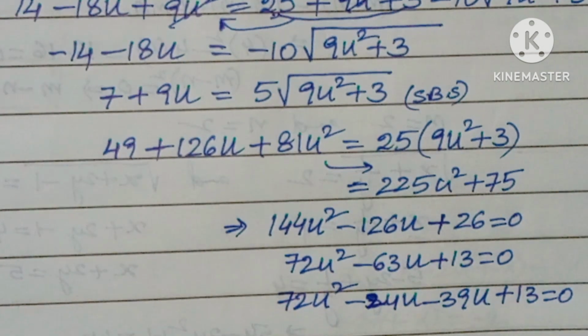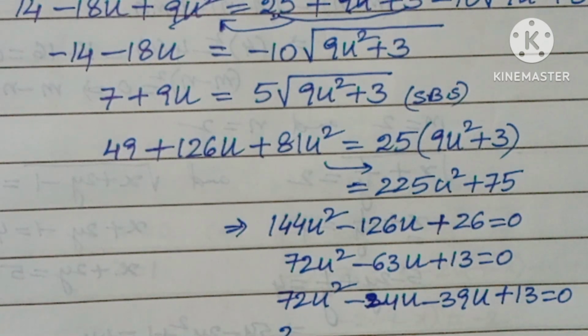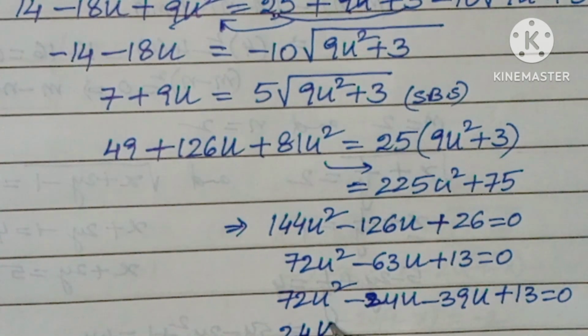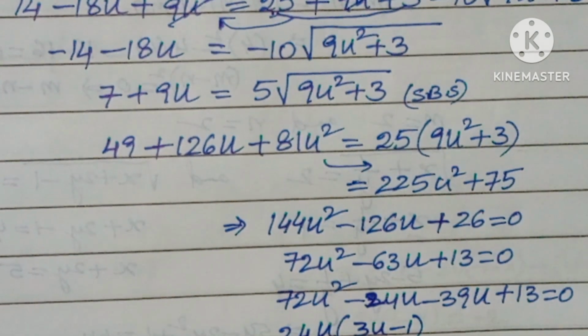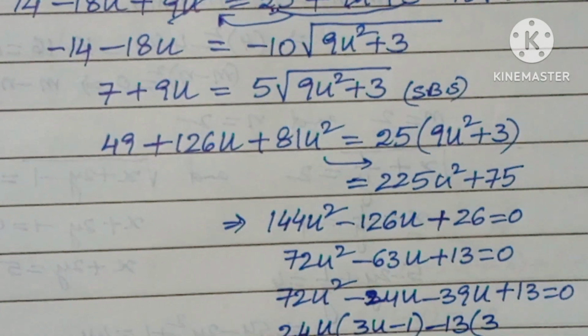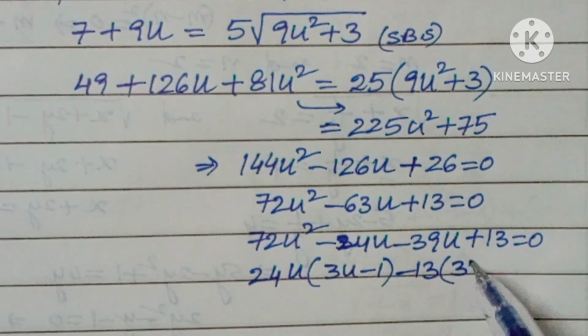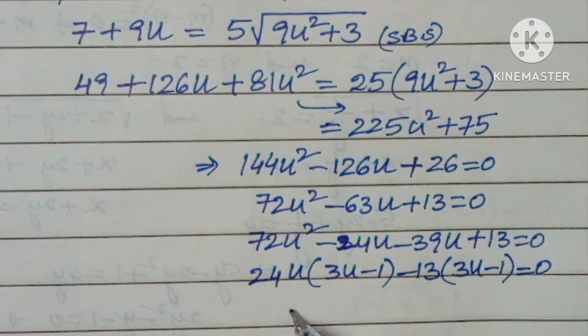Take 24u common: 3u minus 1, minus 13 common: 3u minus 1, equal to 0.